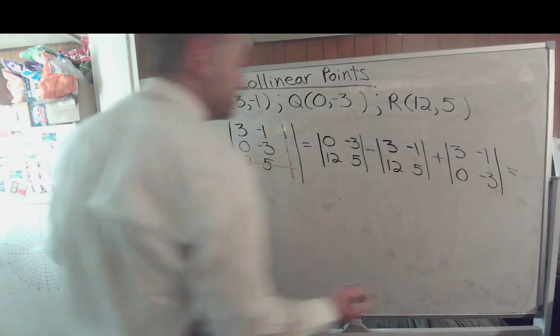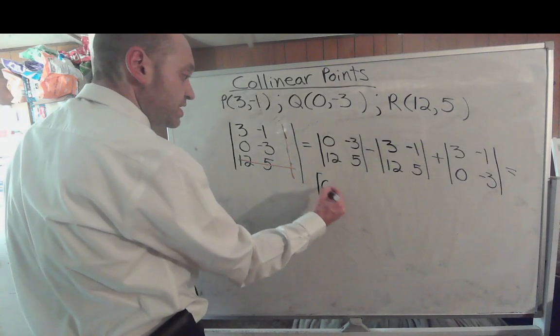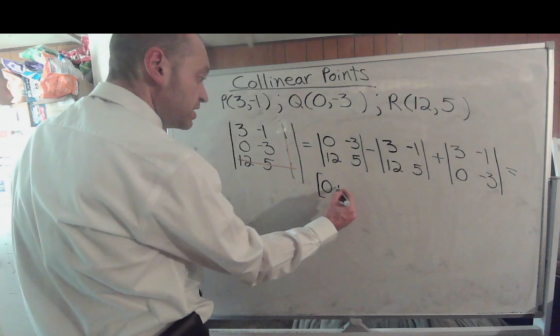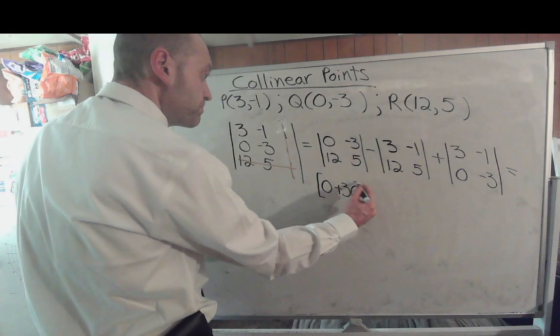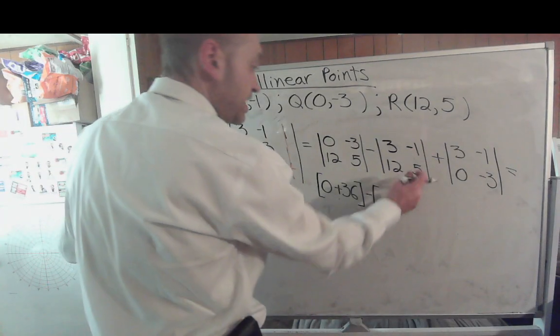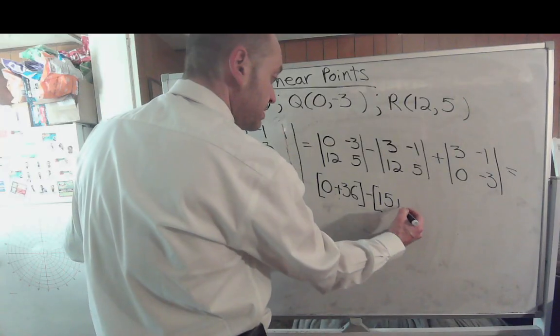Alright, so let's simplify. First determinant is 0 times 5, which is just 0, minus -3 times 12, that'd actually be plus 36, minus your next determinant, 3 times 5 is 15, minus -1 times 12, that'd be plus 12.